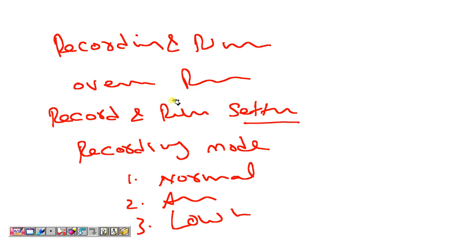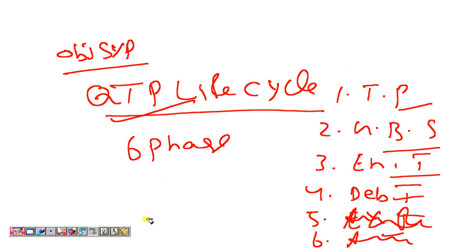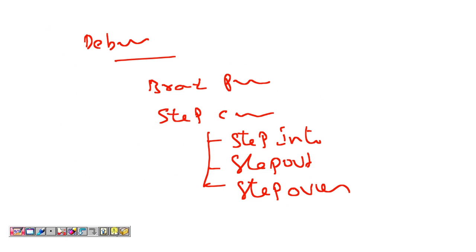After that, recording and running: overview of recording and running, record and run settings, and recording modes. Apart from this, the object repository and object identification. After that, the QTP life cycle, and each stage of the life cycle we will discuss: checkpoints and synchronizing the test execution, measuring transactions, data driven testing, output values, and inserting programs and statements manually.